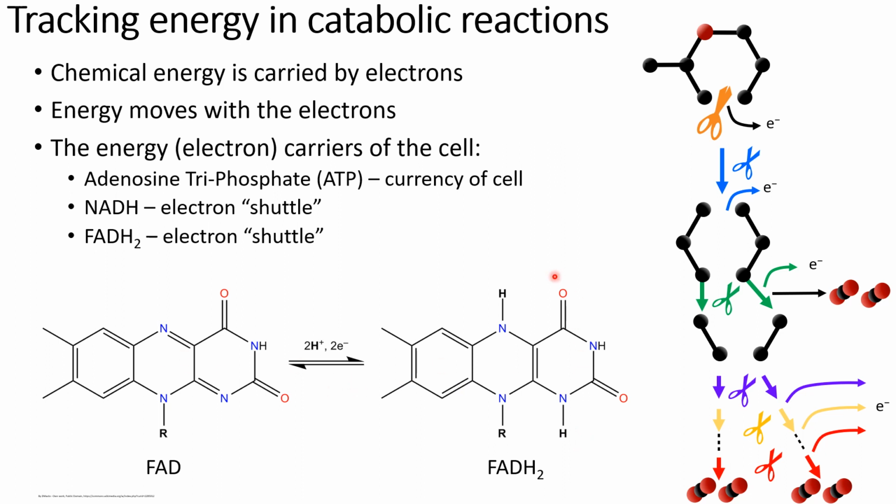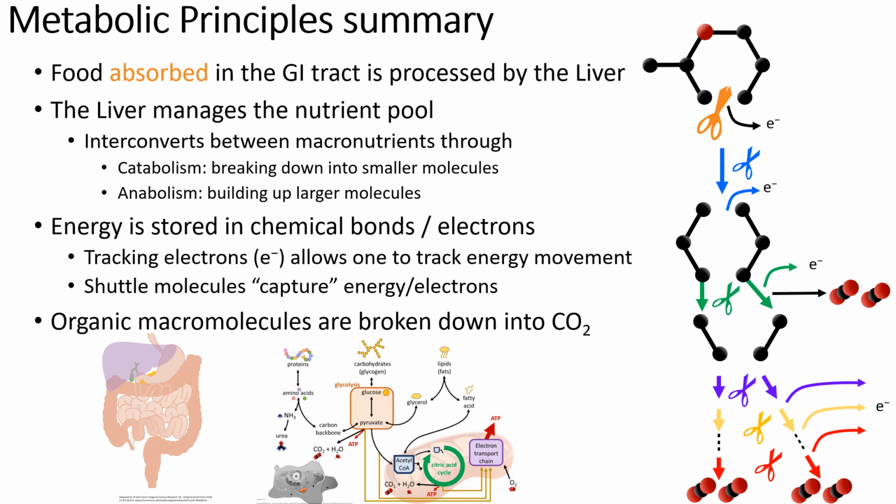And so by adding these 2 hydrogens, we've added 2 electrons with them. And these are going to be effectively electrons that can be reacted and provide energy for other processes. And so the FADH2 is just carrying these electrons to a different part of the cellular respiration chain, namely the electron transport chain. So that finishes the principles of catabolism that I wanted to cover in this lecture.